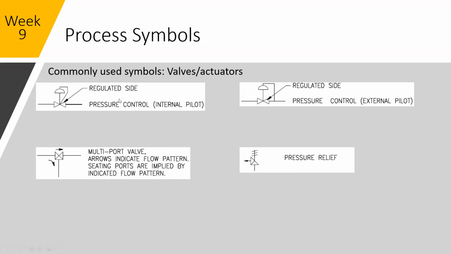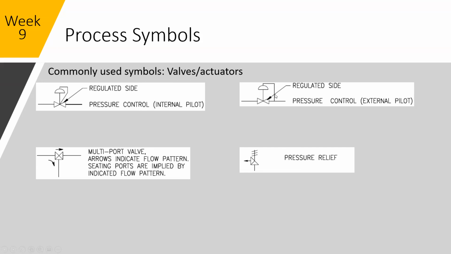So this pressure control valve here and this pressure control valve here, these lines on the outside of them are called pilot lines. So this, the external one, let's say this side is pressure regulated to open and close based on a system pressure.